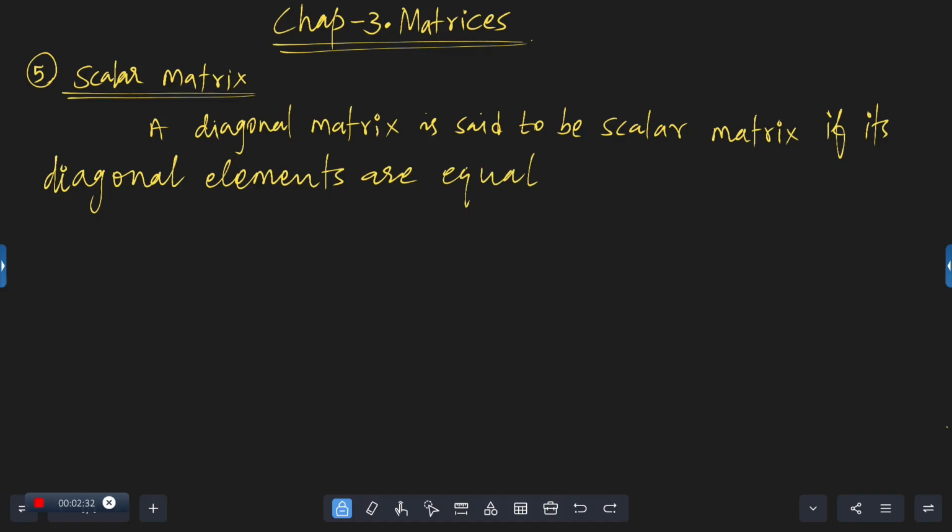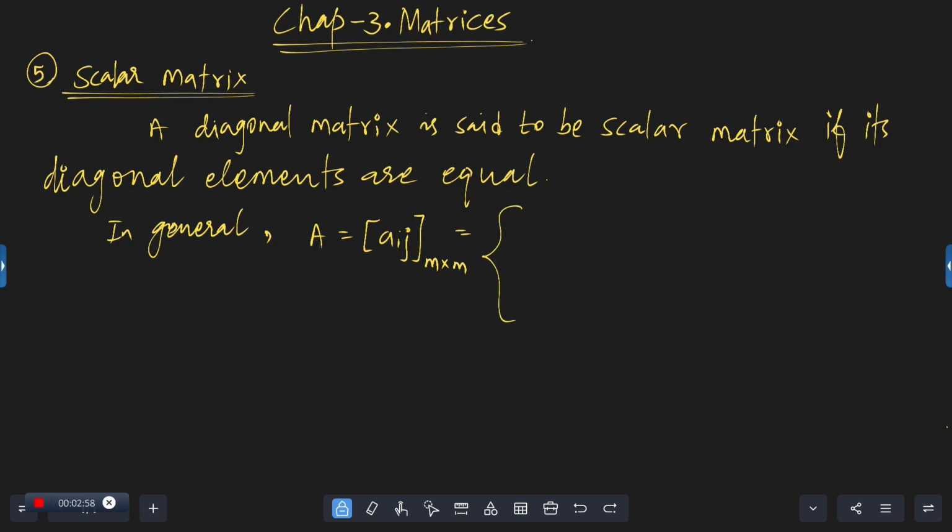Okay, diagonal elements are equal. In other words, in general, A equal to Aij. This also should be a square matrix, so m by m.